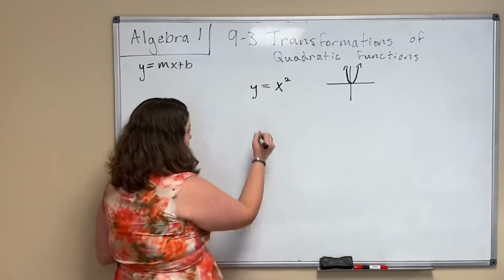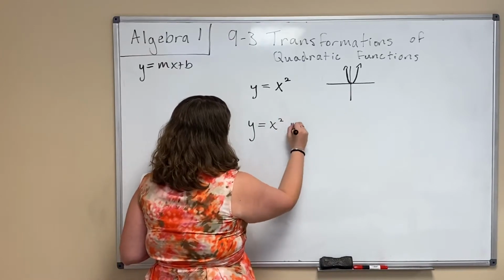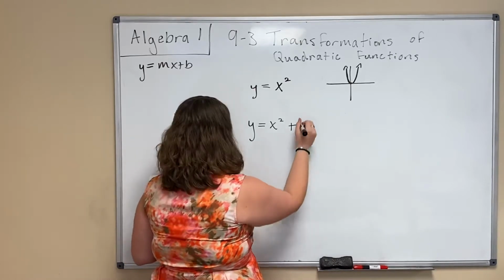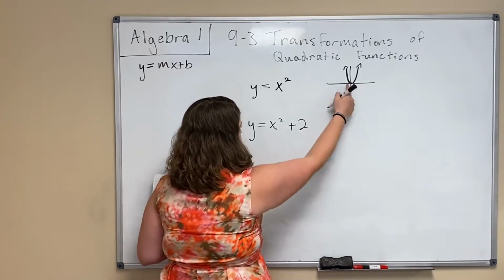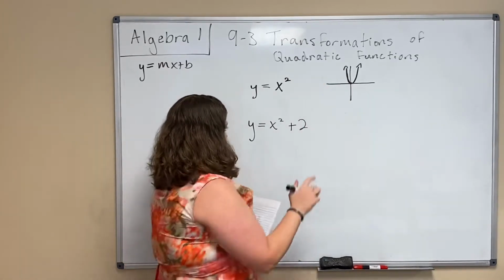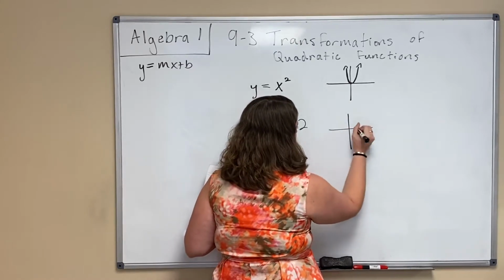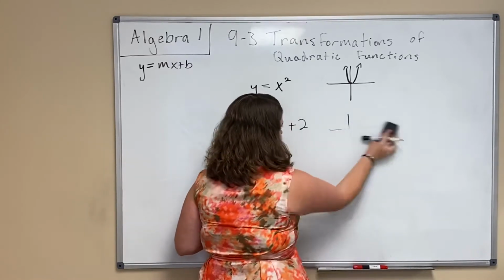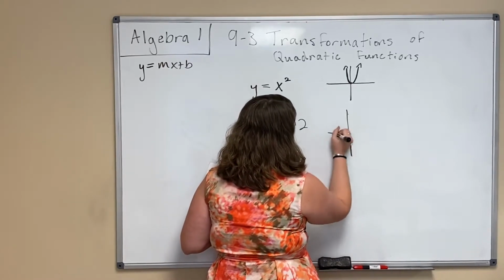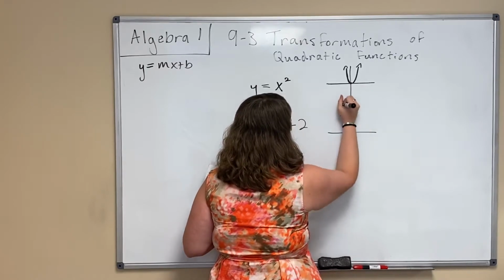If I add a number to this term, that's going to be how many spaces this moves up and down on the y-axis. So if I did x squared plus 2, that is going to be 2 spaces up, and that's where I'm going to put my vertex.